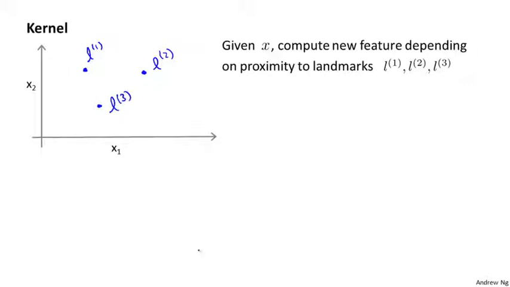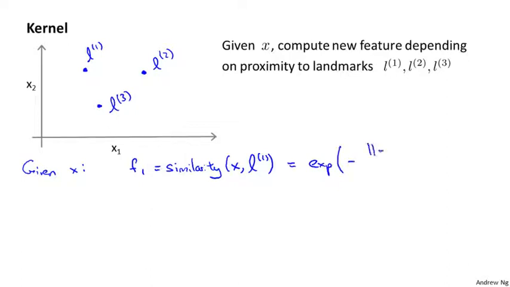What I'm going to do is define my new features as follows. Given an example x, let me define my first feature, f1, to be some measure of the similarity between my training example x and my first landmark. And the specific formula that I'm going to use to measure similarity is going to be this: e to the minus the length of x minus L1 squared, divided by 2 sigma squared.